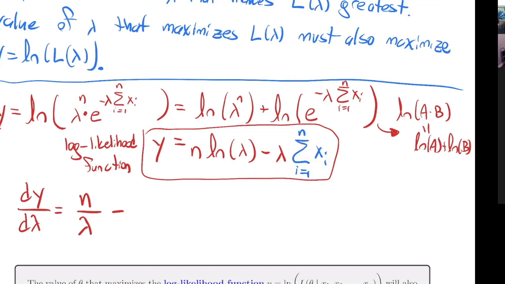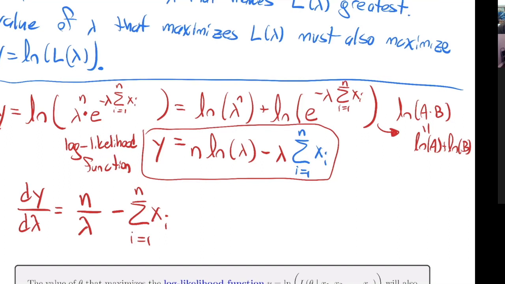So it's no different than taking the derivative of some constant times lambda. We're just going to get the sum of the xi's, since this is the same as if you took the derivative of 3 lambda, you would just get 3. That stuff in blue is just acting like a constant.